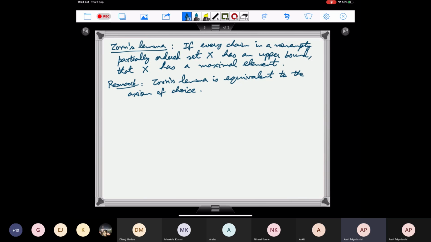There is another axiom which is equivalent to this, called the well-ordering principle. It says that given any non-empty set, there exists a well ordering on it. What is well ordering? It says that if you take any non-empty subset, then it has a minimum element. If you think about this well-ordering principle, it is very counterintuitive.